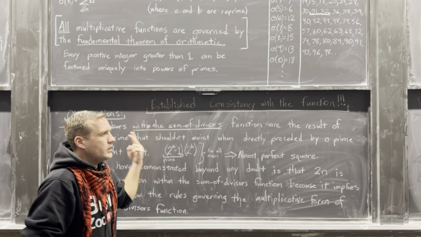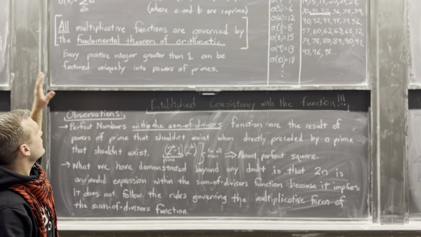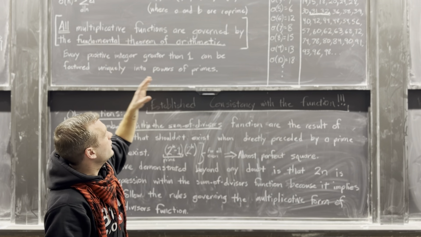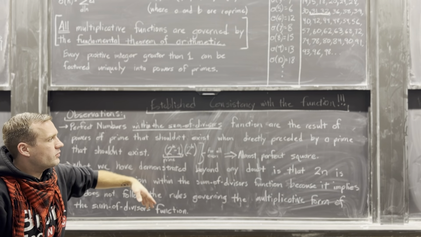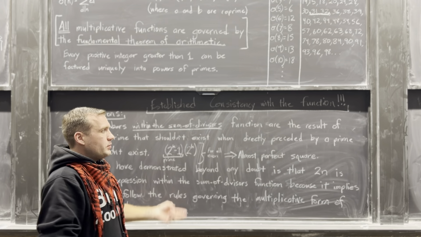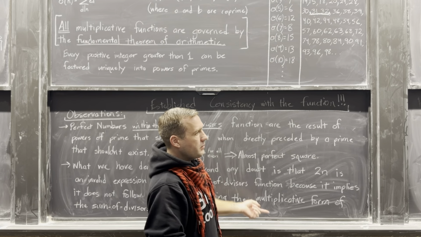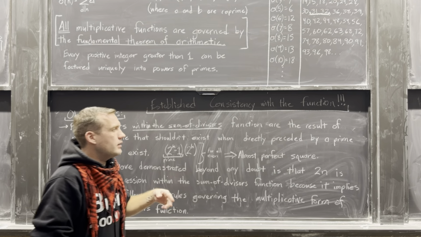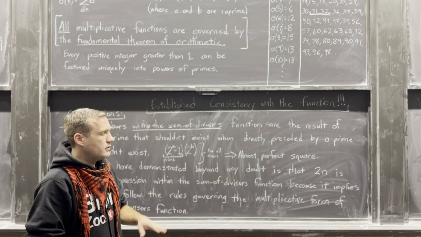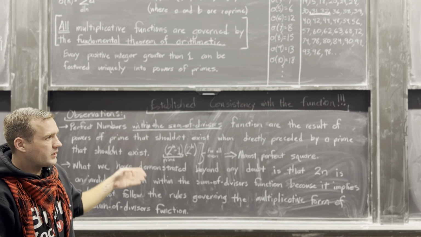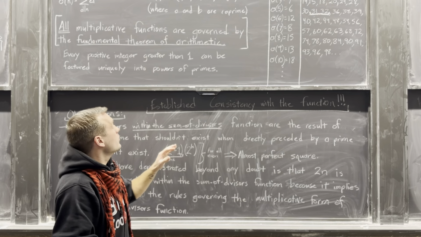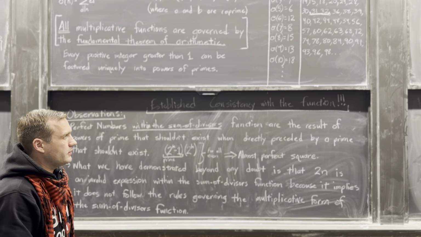You only need to understand two properties, right? So we have this additive form, and then we have the multiplicative form. And the multiplicative form is governed by the fundamental theorem of arithmetic, and then superseded by the prime number identity and the prime power identity. That's it. Those two things are what govern the multiplicative form and supersede the fundamental theorem of arithmetic.